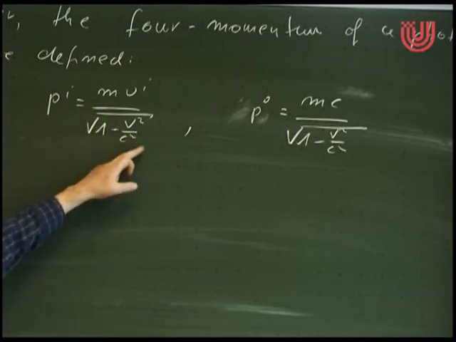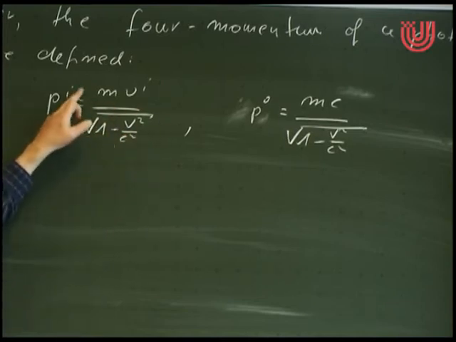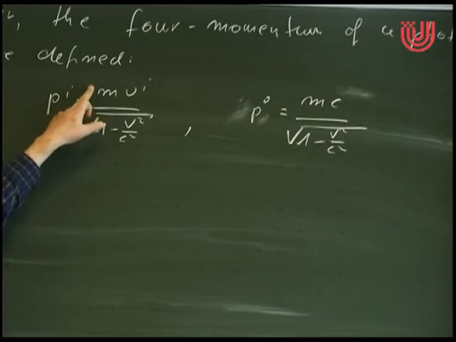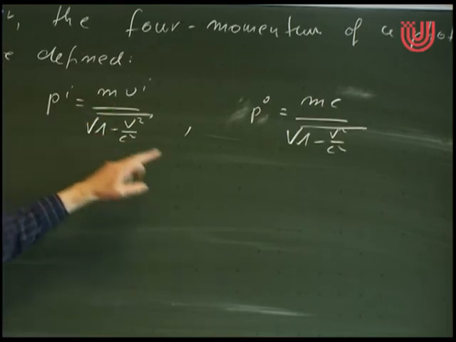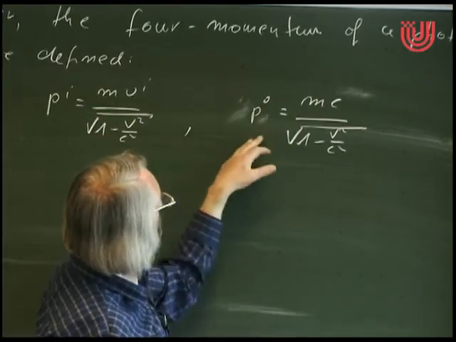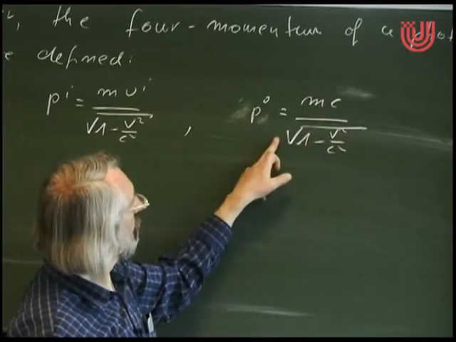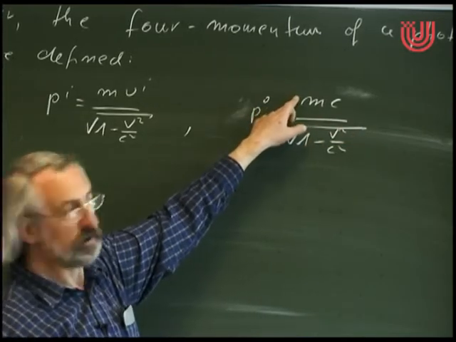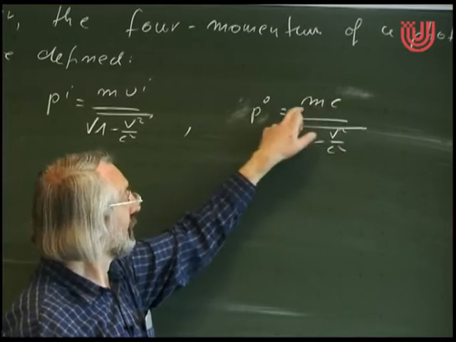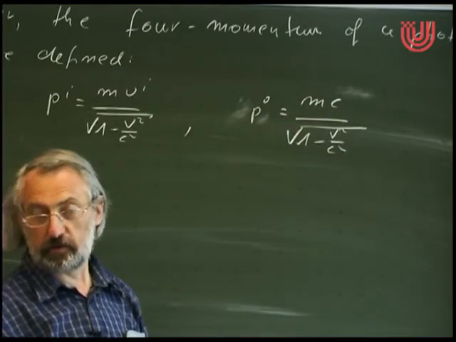So the only way in which this can work is that this also becomes 0. So the way out is that we say the mass is 0. And the same thing here, you see it even better. If this is supposed to be finite, and because this becomes 0, this also must become 0. And because c is definitely not 0, the only way is to say m is equal to 0.